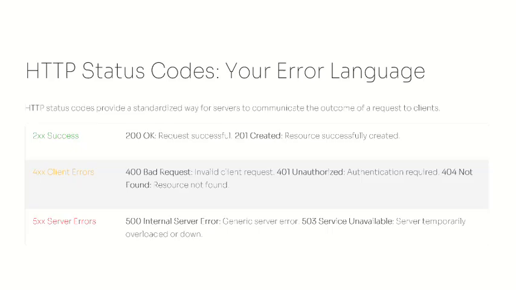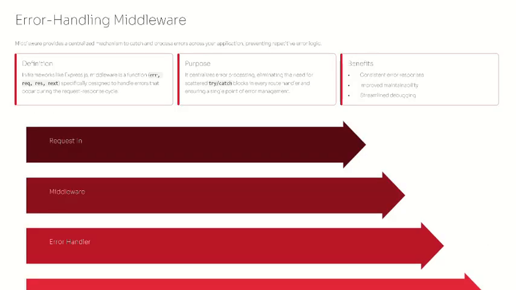So let us move to the most important topic, error handling middleware. This brings us to middleware. In frameworks like Express.js, middleware functions are used to process requests step by step.